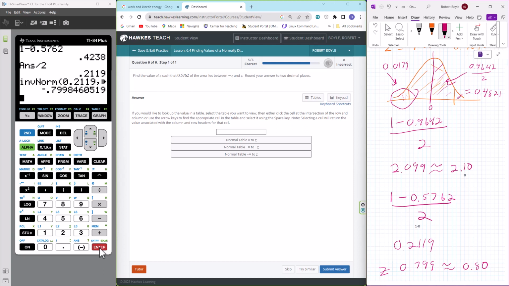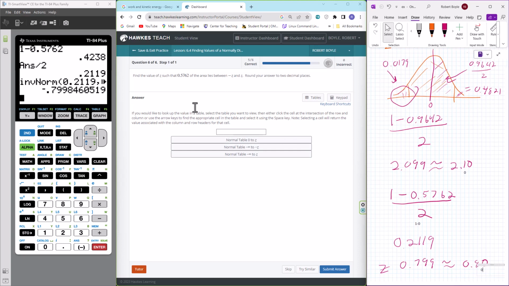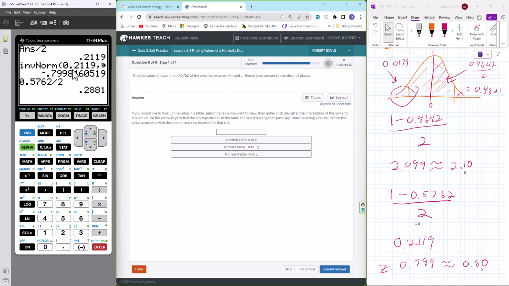Okay, let's see if we can do the exact same thing using the tables. Now, once again, in the tables, we are going to find the area between 0 and z, which is going to be half of that. So 0.5762 divided by 2 is 0.2881. Okay, cool.